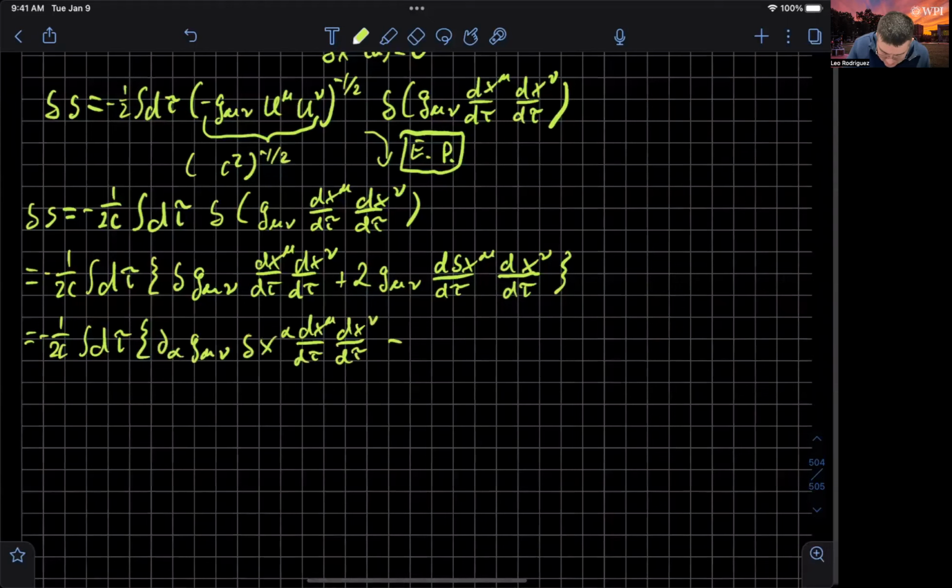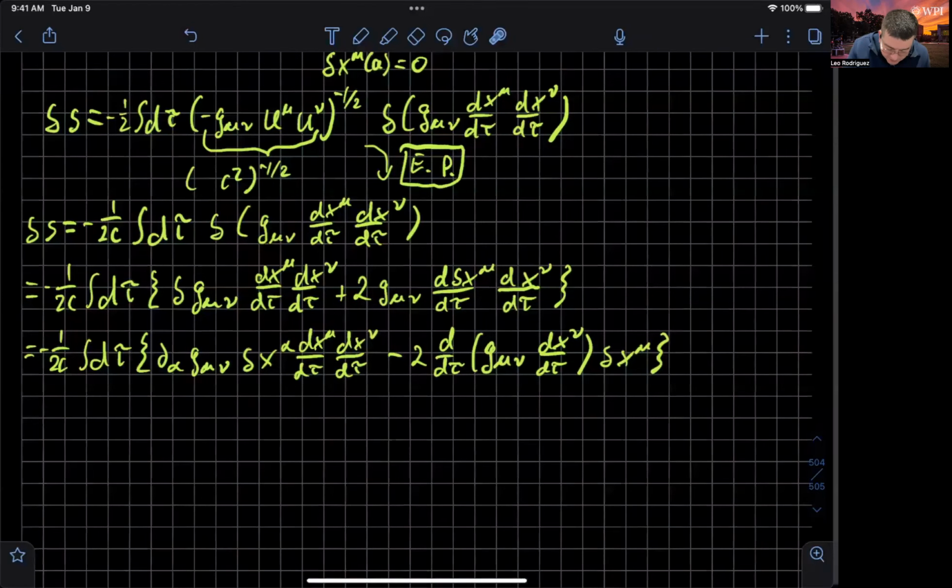Here I'm going to have a minus 2 times the derivative of g mu nu dx mu d tau, and then variation of x mu out front here.